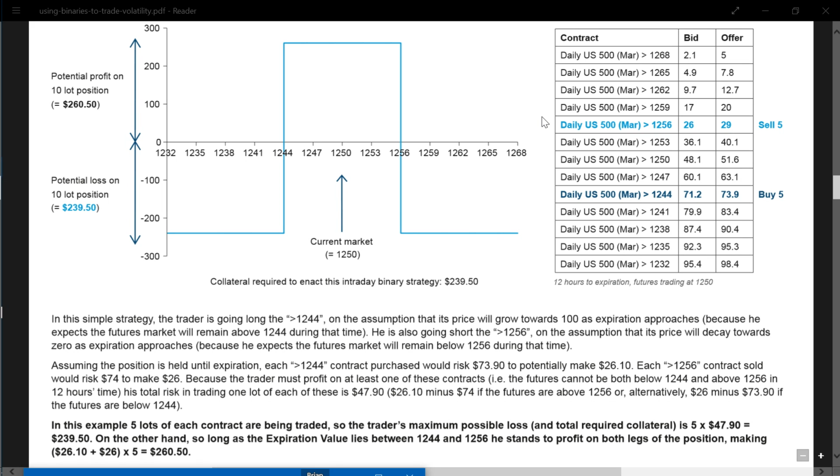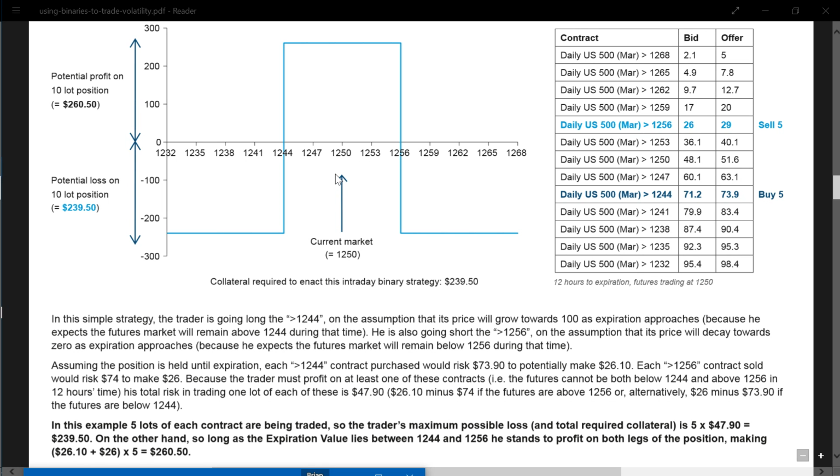Now, over here, we're looking at the market value. Once again, this is the US 500, but that is irrelevant. Let's say that this is a currency pair, because currency pairs are what we use in the system.